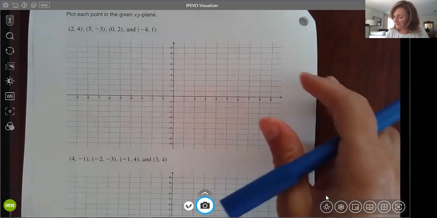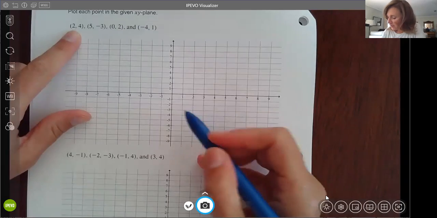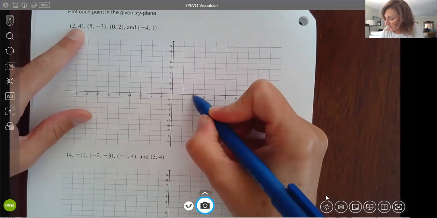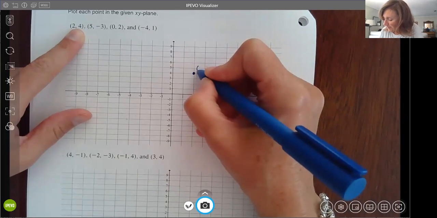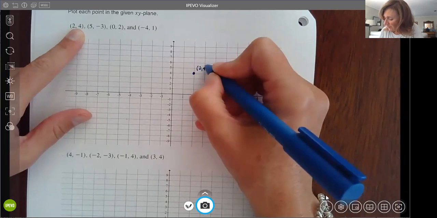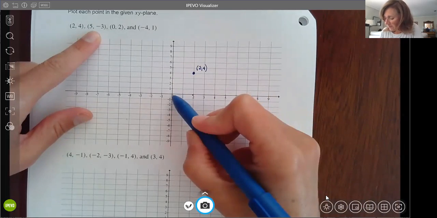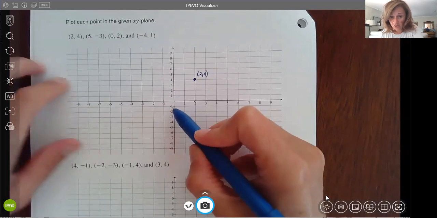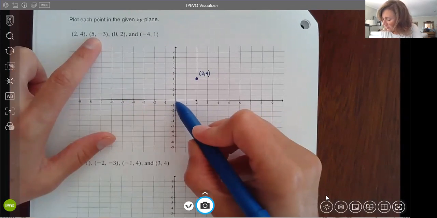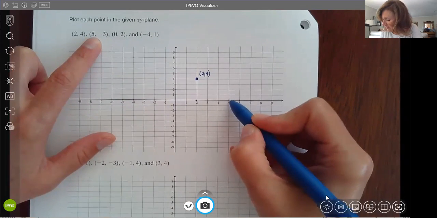You ready? So this says to the right 2 and then up 4. So that's the point 2, 4. Remember, I notice every time my pen starts at the origin. So this says to the right 5 and down 3.